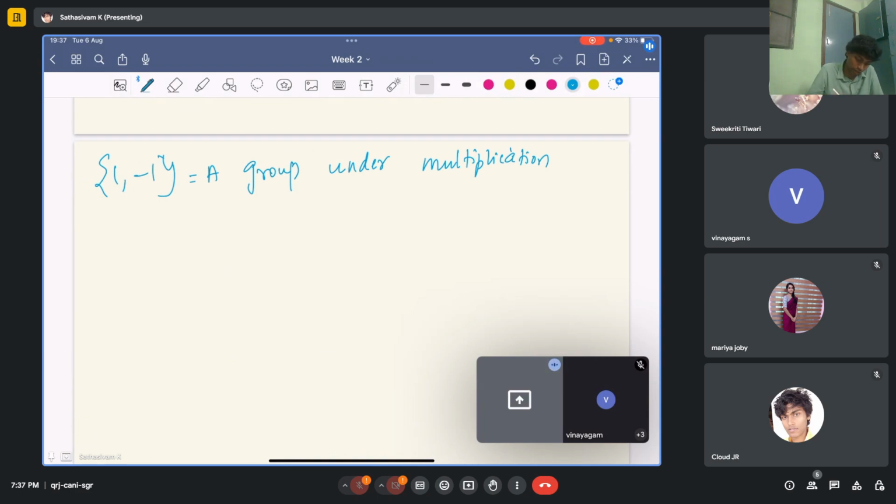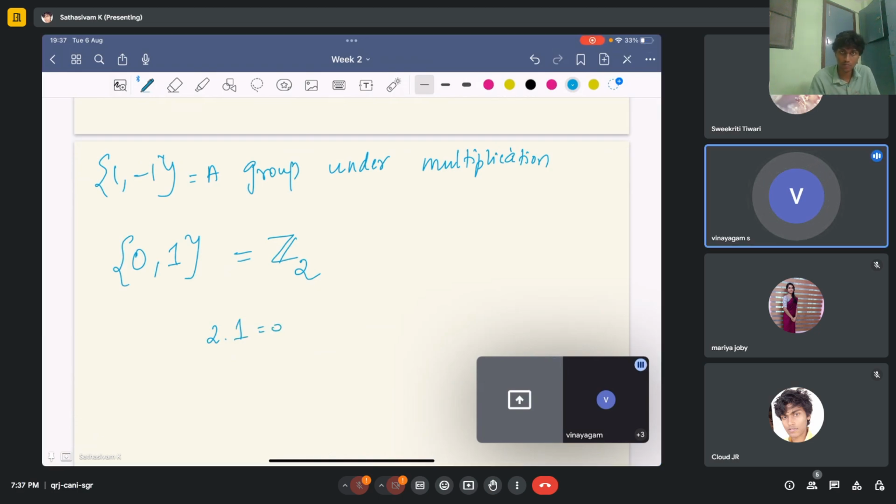Okay, so this is the group under multiplication. But if you look at this one, 0 and 1, and let's say this is Z2, this is a group under addition. It is a group, right? Sir, Z2 is clear, sir.